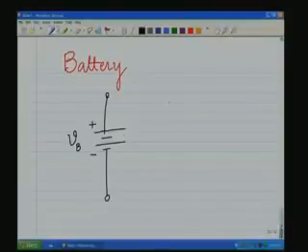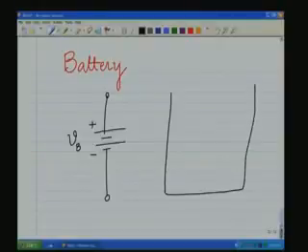What goes inside a battery? It is a can, let us say.